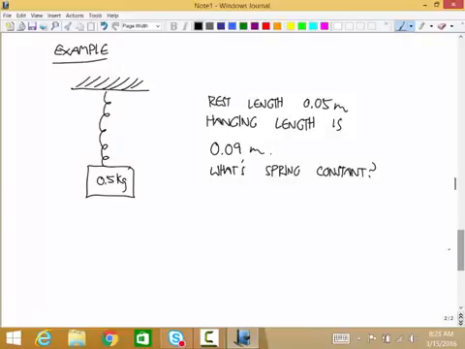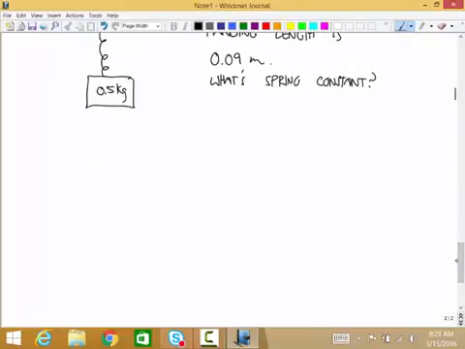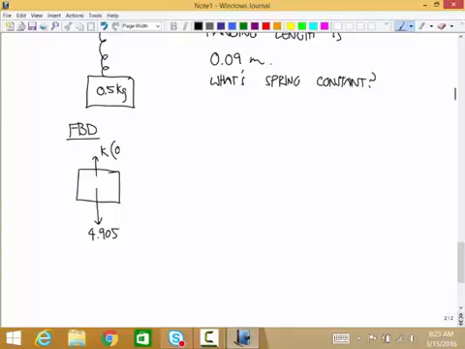So yeah, everybody did that great. So the free body diagram: you have the weight down of 4.905. You have the force up, that's the spring constant that we're trying to find, times the current length minus the resting length. And it's at rest, so there's no acceleration.